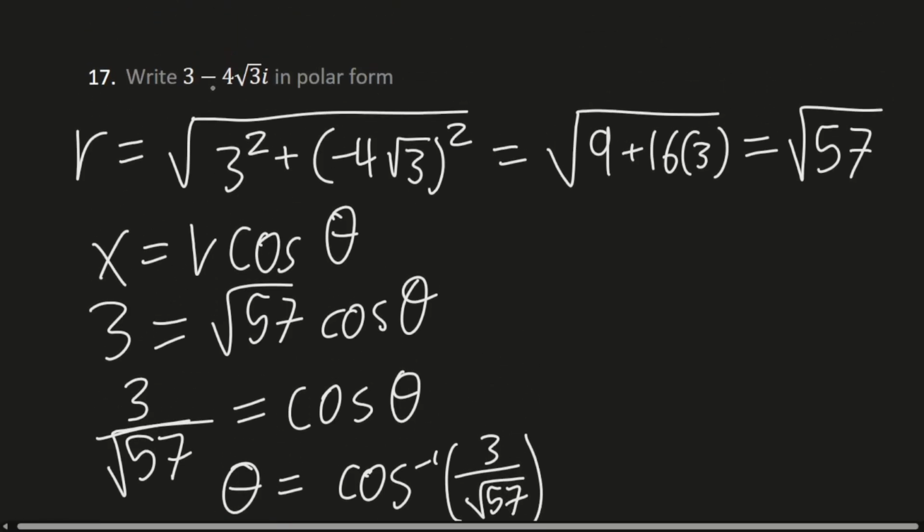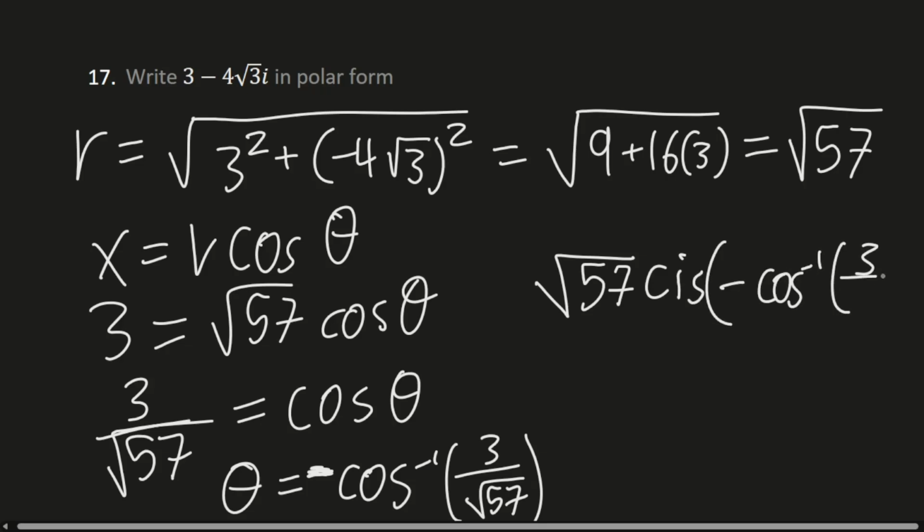This is going to be in quadrant 4, which is out of the range of inverse cosine, so I'm going to have to put a negative here in order to get the right angle. Now we have everything we need. Let's write this as square root of 57 CIS negative inverse cosine of 3 over square root of 57.